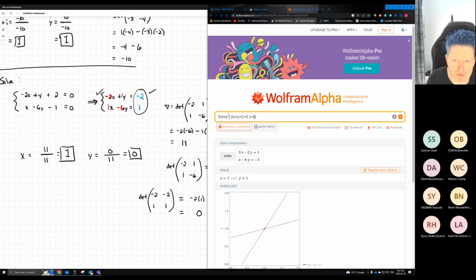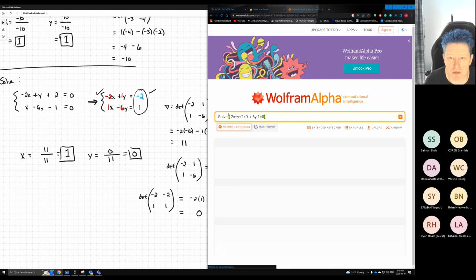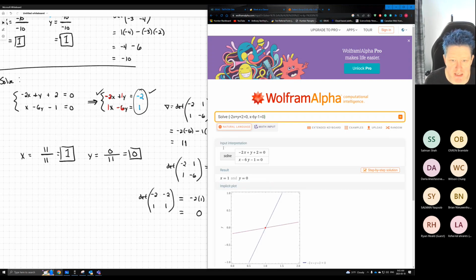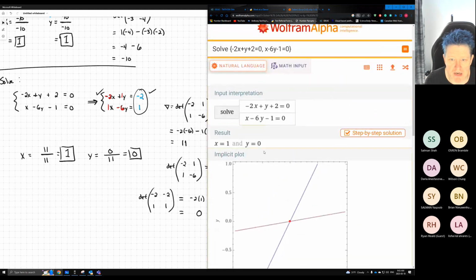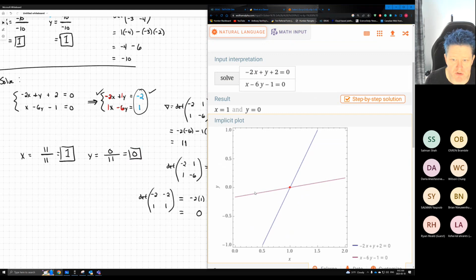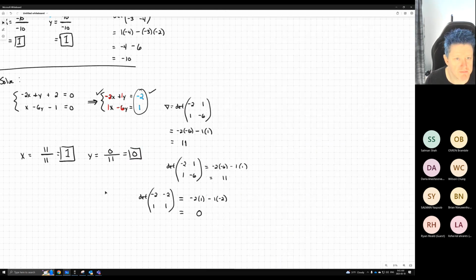I'll start with the original one. Let's see what it says. X is equal to 1, Y equals 0. Okay. So that's our intersection point for our two lines.